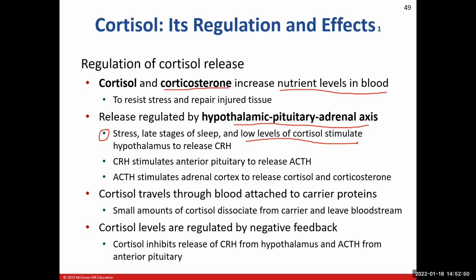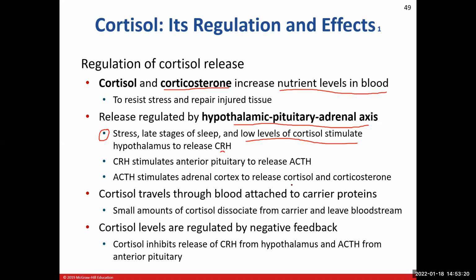All these stimuli are eventually going to cause the hypothalamus to release CRH. Again, the R in the middle of the name tells me that it's a releasing hormone. So our corticotropin releasing hormone is going to travel down to the anterior pituitary, and it is going to stimulate the release of ACTH.